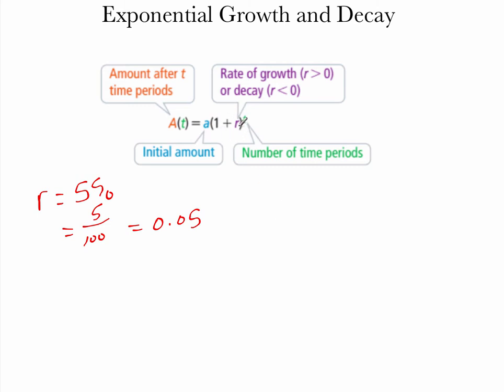Now, if I am adding interest, whenever I talk about interest, my rate is going to be positive. Now, whenever I talk about depreciation, the rate is going to be negative.